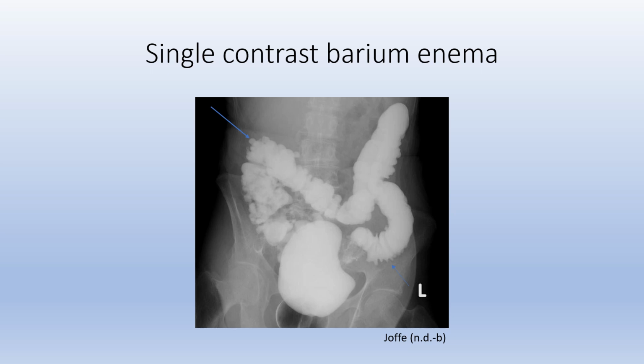The blue arrow to the left is pointing to the outpouching in the hepatic flexure of the large intestines. And then if you will look over to the right side of the picture, you will see the sawtooth-like appearance of the sigmoid colon, which is also one of the signs of diverticulitis.